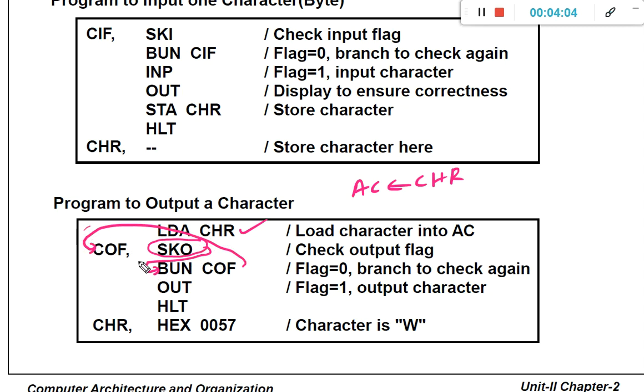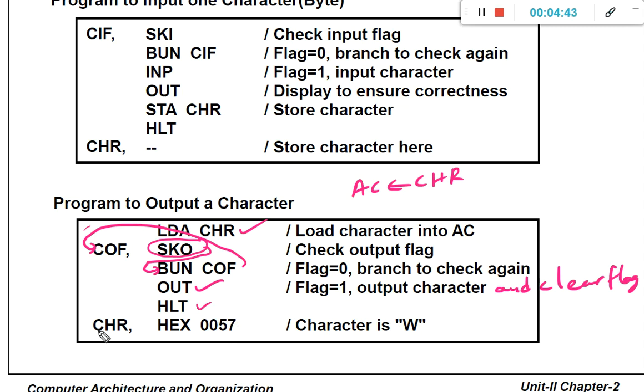This will be in a continuous loop until the flag is equal to 1. If the flag is equal to 1, then output the character stored in the accumulator register. So OUT means output the information and clear the flag. Okay. So once the output is completed, we clear the flag, once again set it to 0, then it checks for the next character and finally halt the computer.